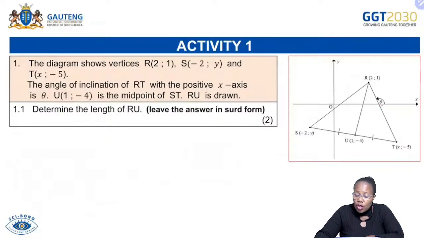And U is the midpoint of ST. RU is drawn. Determine the length of RU, and leave your answer in that form. I am giving you grade 12 2 minutes to do this problem, and then we will reflect back. Your 2 minutes start now.